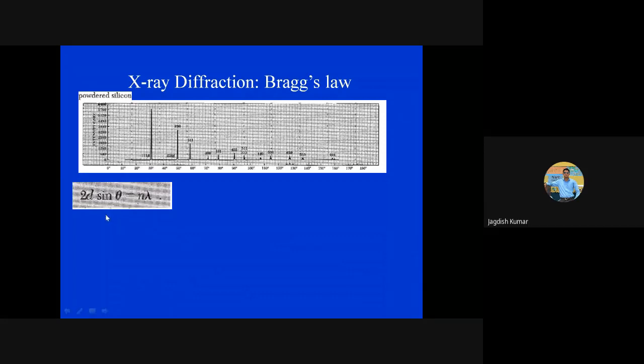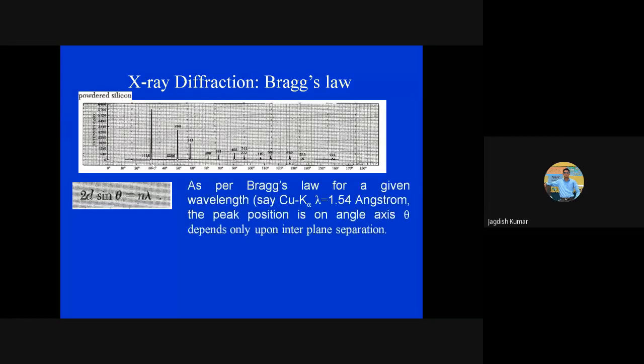So this means this expression is not really complete. It can't describe the complete X-ray diffraction pattern of any crystal. It can tell at what angle the peak is going to be observed, but it cannot tell what will be the intensity of the peak.